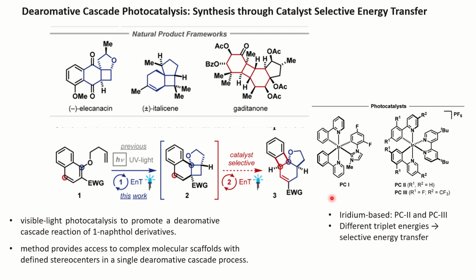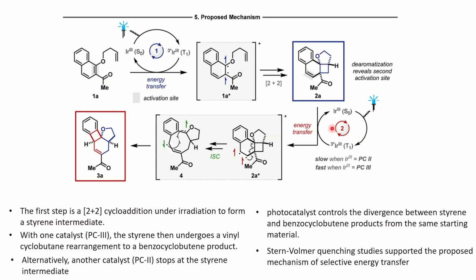Again, your iridium catalyst is coming back to its initial oxidation state and generates this type of product. So the method is quite amenable, and at the end we are achieving very nice molecular scaffolds. And let's move on to the mechanism, how this mechanism has been proposed.